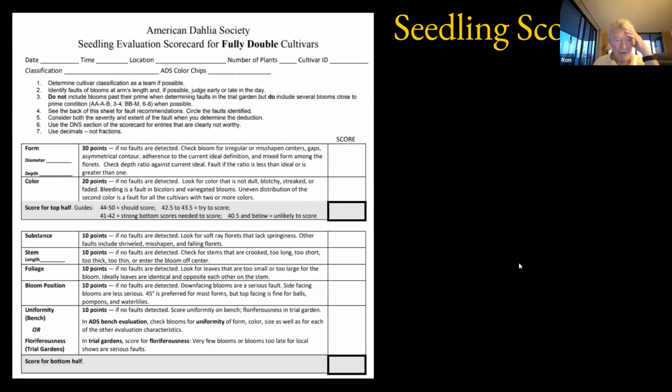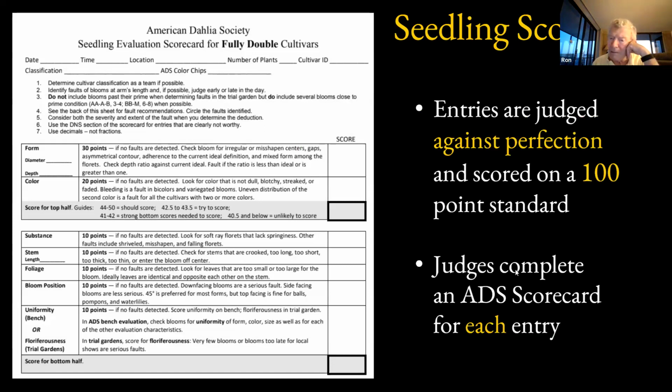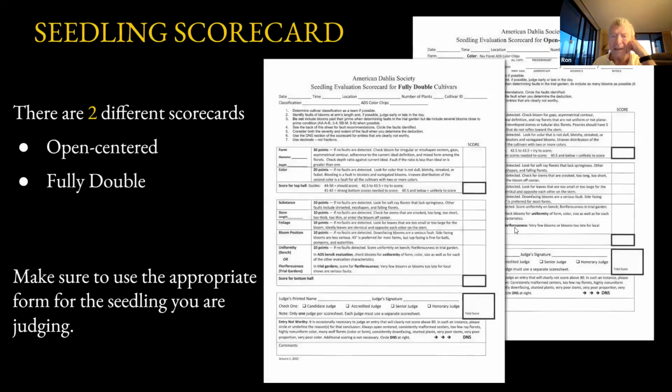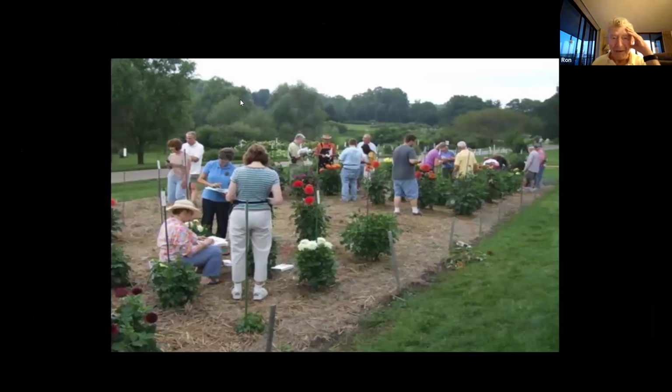There's the scorecard, and we're going to have some more experience with that at our other seminars, like the one at Petitti's. There's a scorecard for fully double and a scorecard for open centered. Obviously, you want to use the right one for the right cultivar.